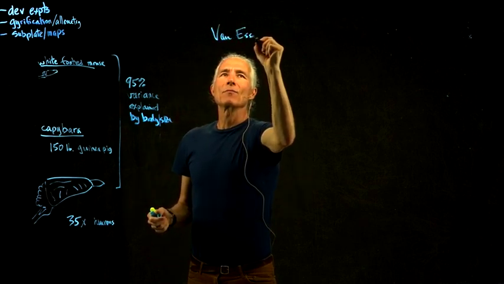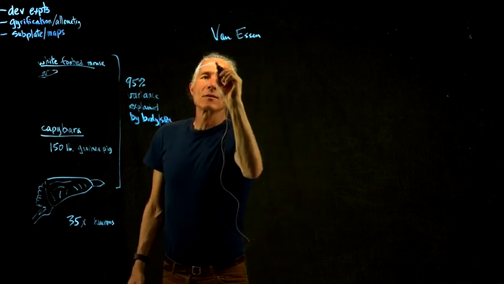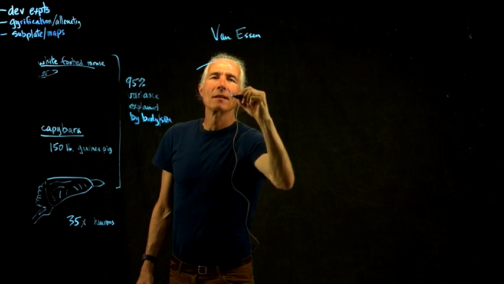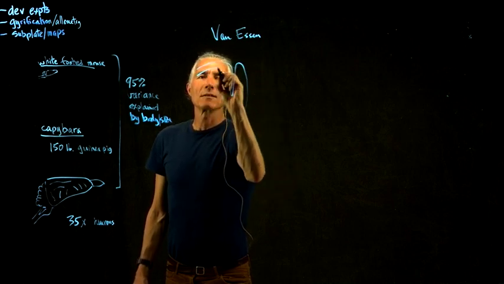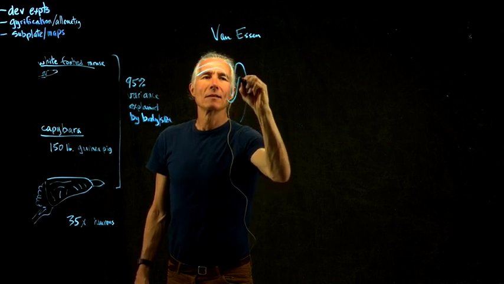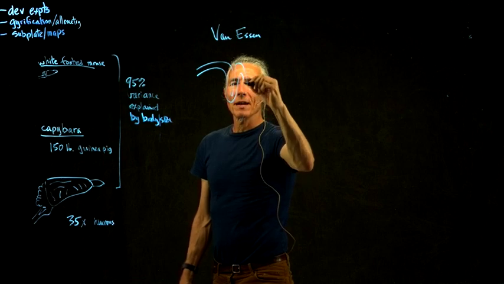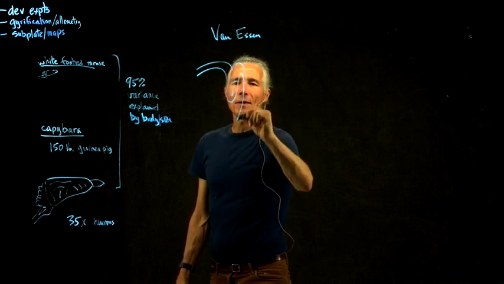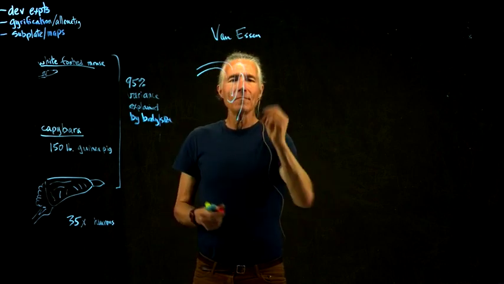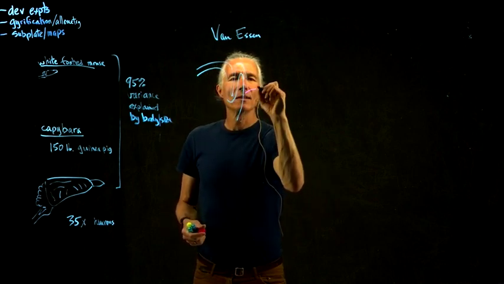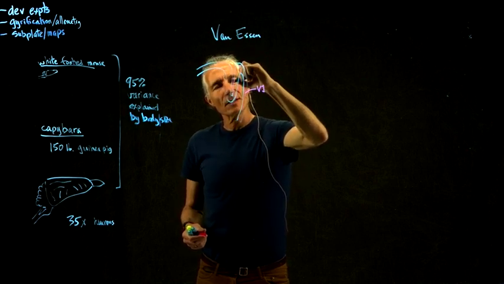David Van Essen worked on visual areas, and if you look at the cortex, it looks something like this. So here's the cortex at the back of an actual primate brain, a monkey brain, and here's area V1, and here's the boundary, and then this is area V2.